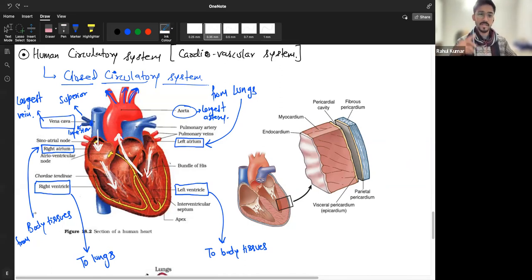If it went into the lungs from the right ventricle, what kind of blood left the right ventricle? Oxygenated or deoxygenated? Deoxygenated. So deoxygenated blood left the heart.